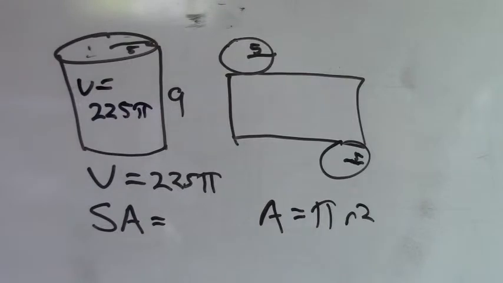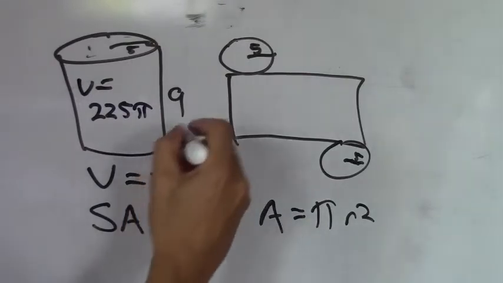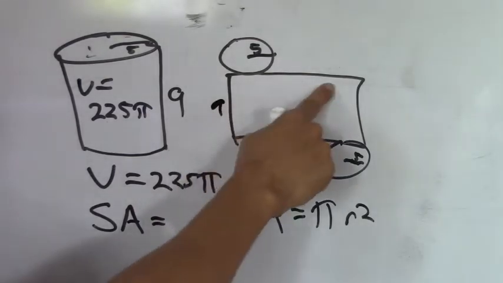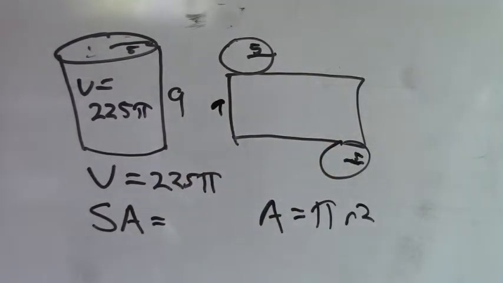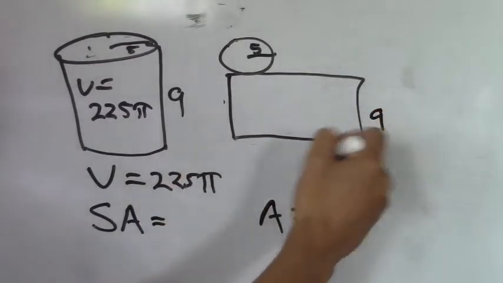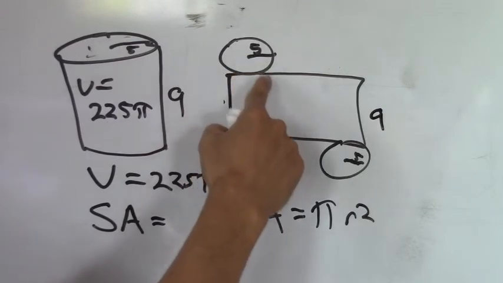Okay, so what are those numbers? 5 and 9. So I know my 9 goes here. Now, what's this going to be? I know that the top area is 5 and the bottom area is 9.